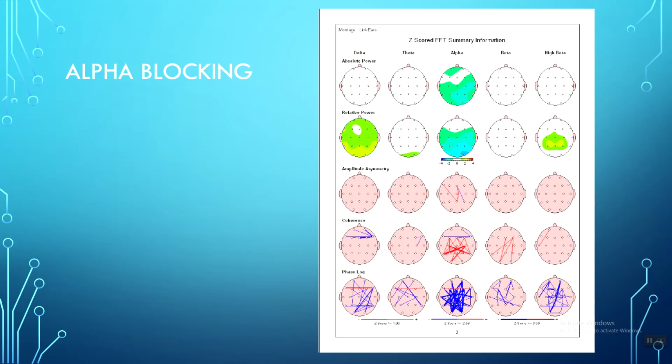Alpha blocking is going to look like this in a map, right? And I just wanted to add something to that. 8 to 12 is like a normative range, and you can see alpha at 6, 7, 7.5 hertz, and you can also see it at 13 hertz, 14 hertz. And when you look at these flat maps, like Tip has up on here, these things are assuming these ranges.